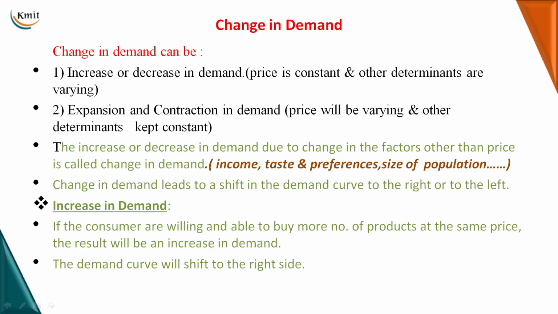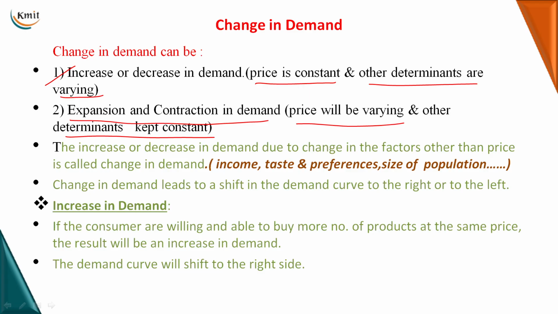So the first one is change in the demand can be increase or decrease in the demand. This will be observed when price is constant and other determinants are varying. And change in the demand can be expansion and contraction in the demand. This will be when price is varying and other determinants are kept constant.